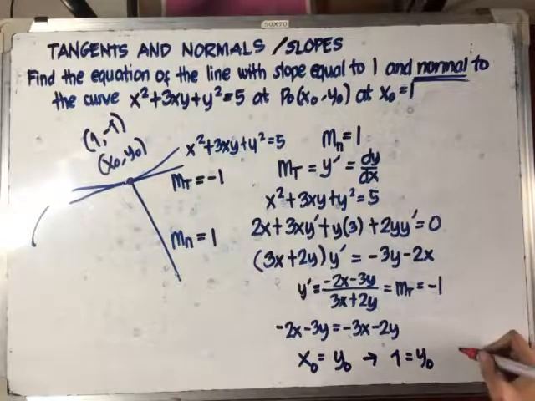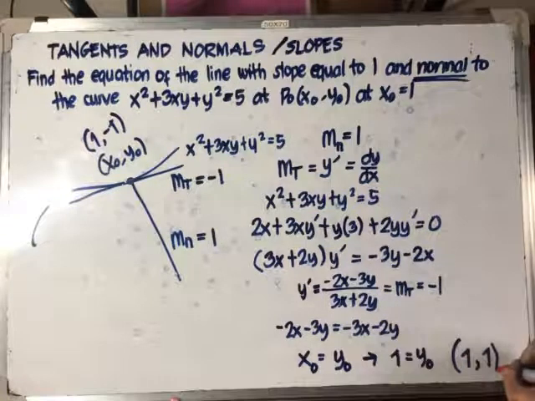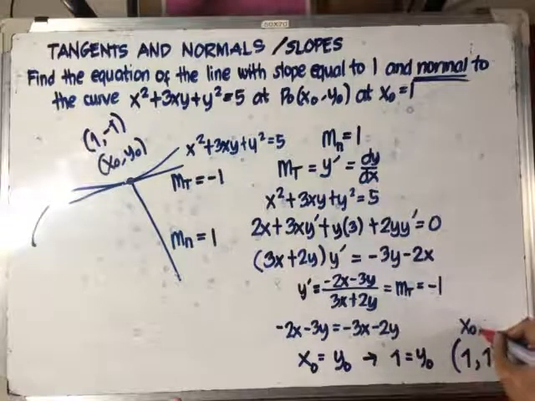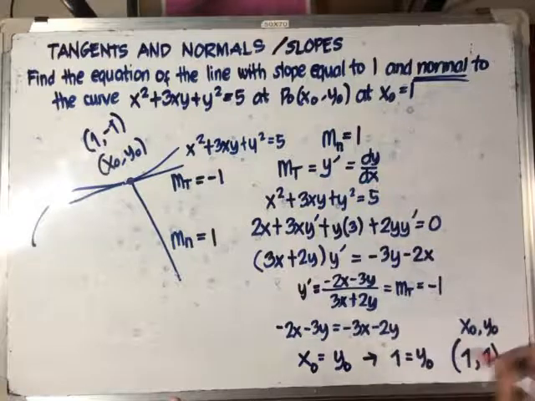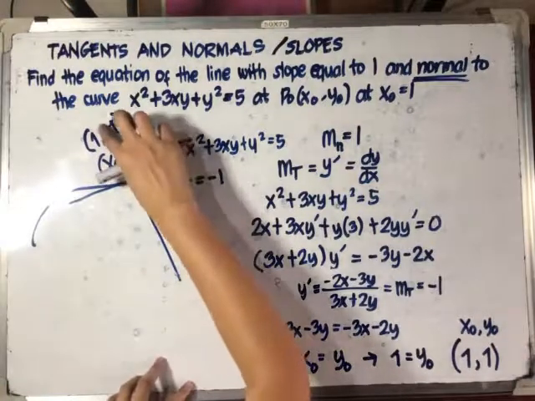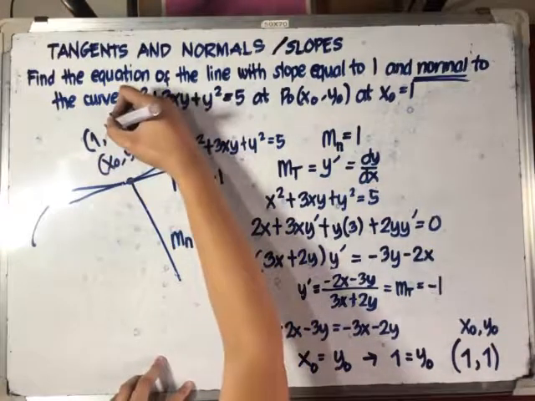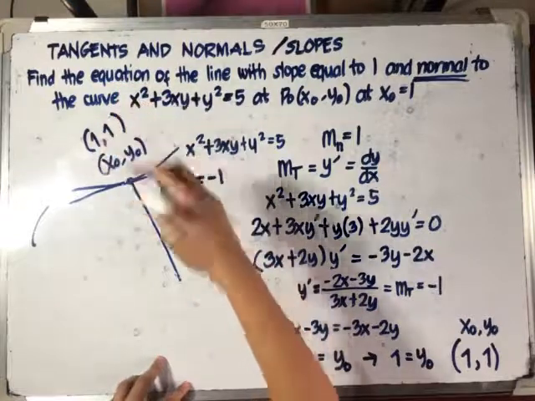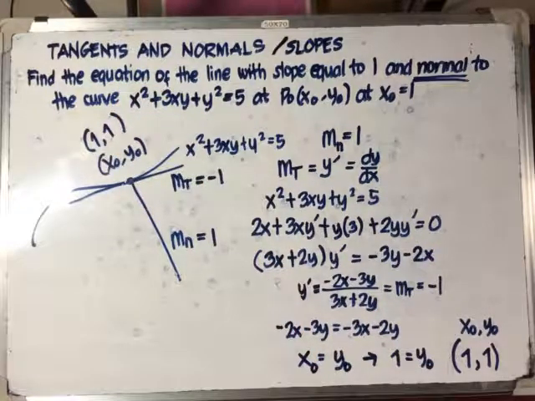So our point of concern is 1, 1. That is your x sub o, y sub o, and that is your point of tangency.